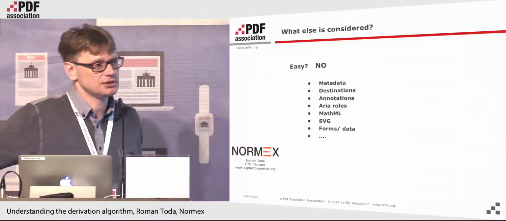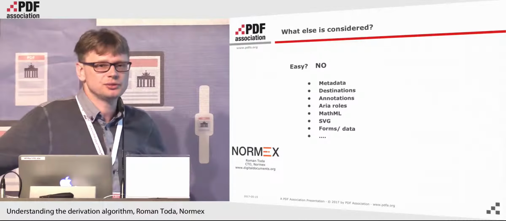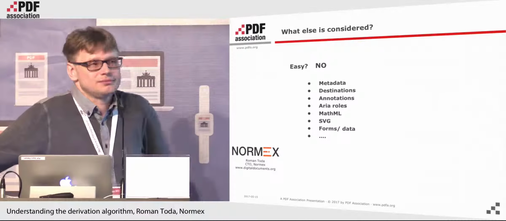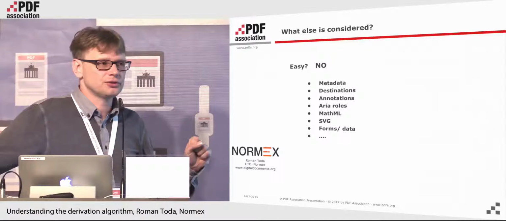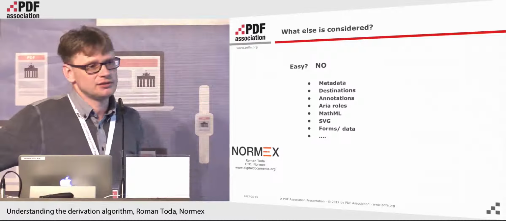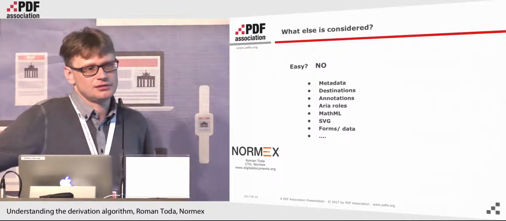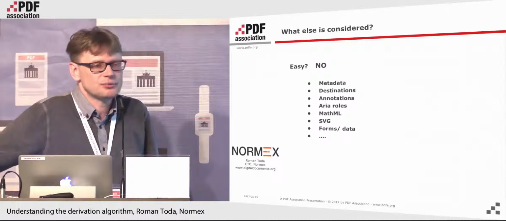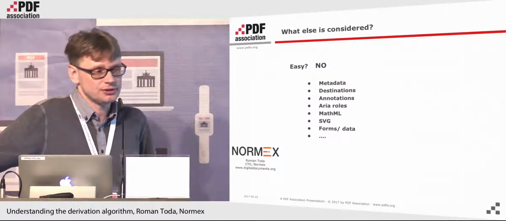Annotations, as I mentioned, area roles. That's another concept that's been introduced in PDF 2.0, another provision or language, that is pretty similar to what is in HTML, and this could be easy. On the other side, MathML, SVG, as Duff mentioned, there are provisions we can use from ISO 32000-2.